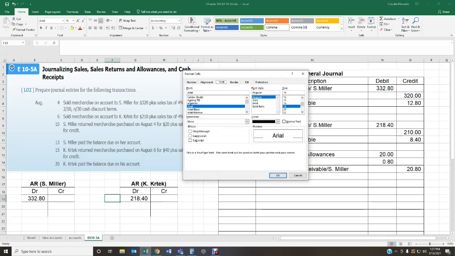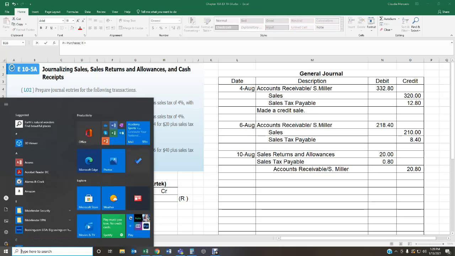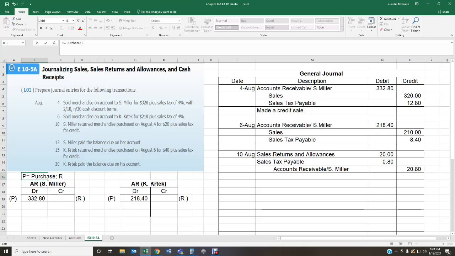P is for purchase, and R is going to be for return, okay? That way we know.